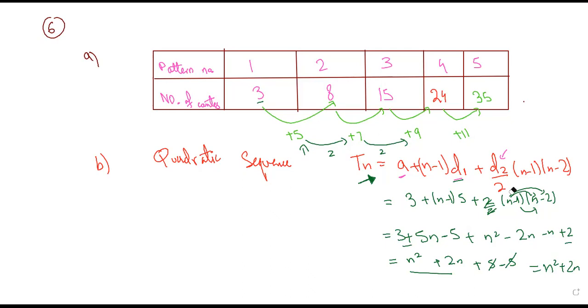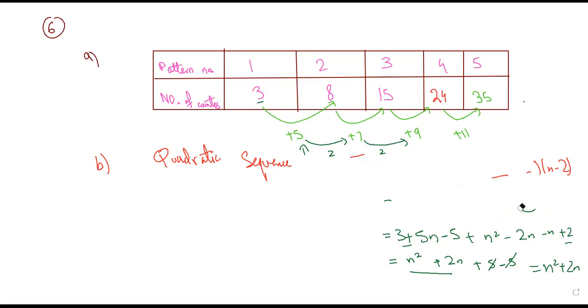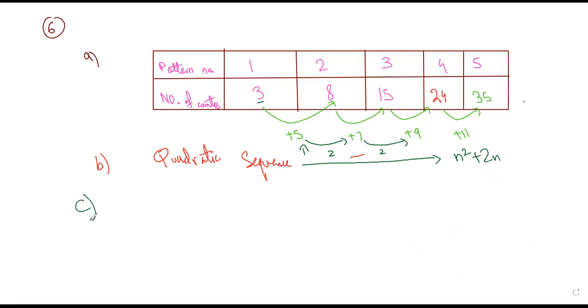So this is what we will have. I'll just write down the answer and then we'll talk about the last part of this question. This turned out to be n square plus 2n. Okay. The third part is Ken has a bag containing 1358 counters.